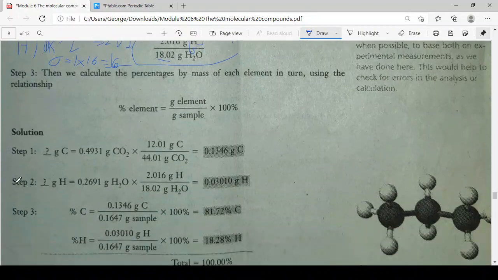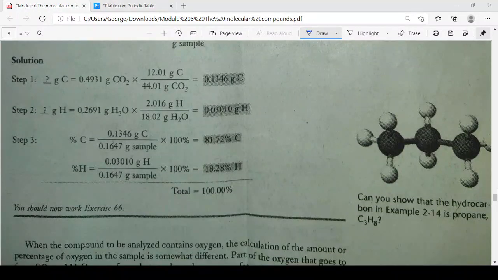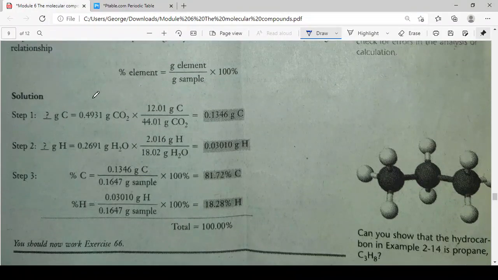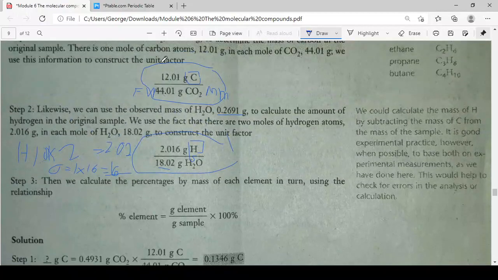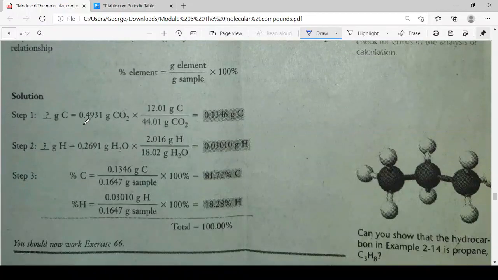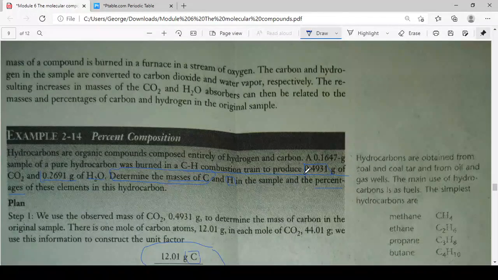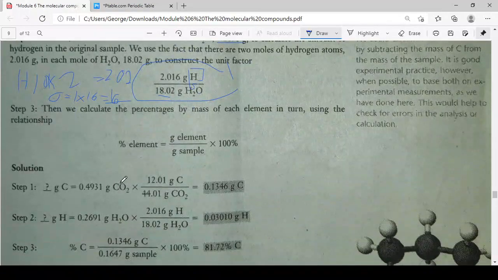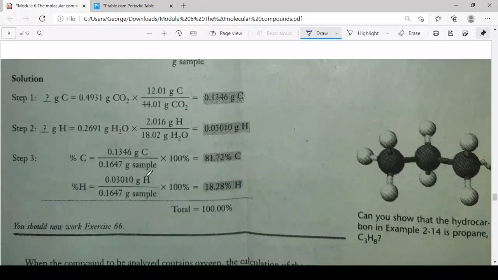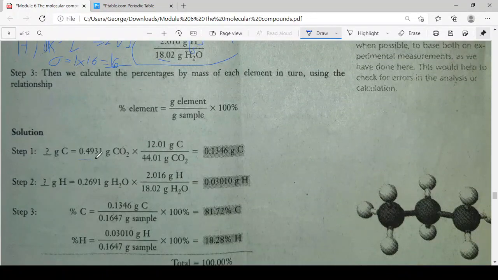So in the solution, let us show you how to solve. For step 1, our solution is as follows. What is the mass given in step 1? You have 0.4931 grams of carbon dioxide, and you are finding the mass of carbon. So we put 0.4931 grams of carbon dioxide multiplied by 12.01 grams of carbon.